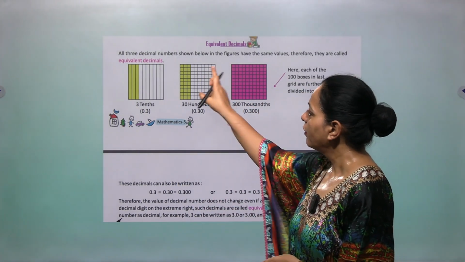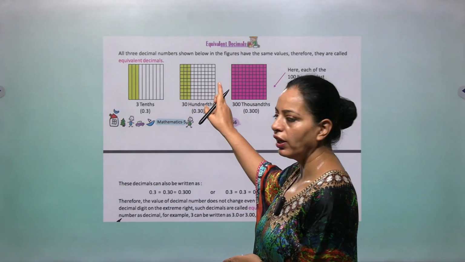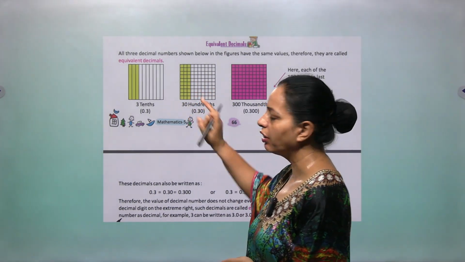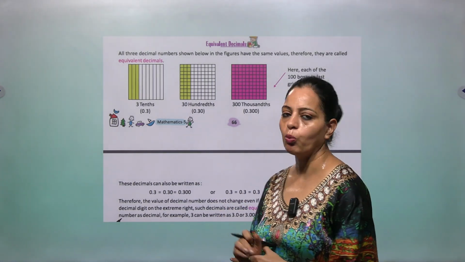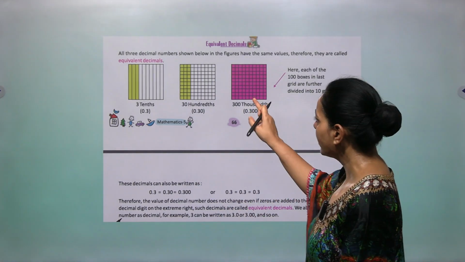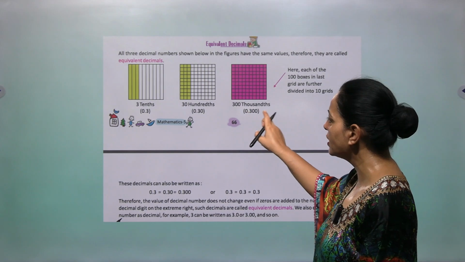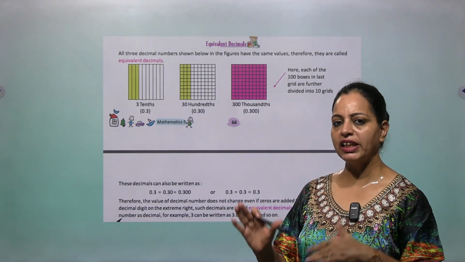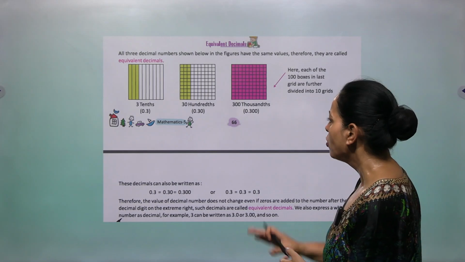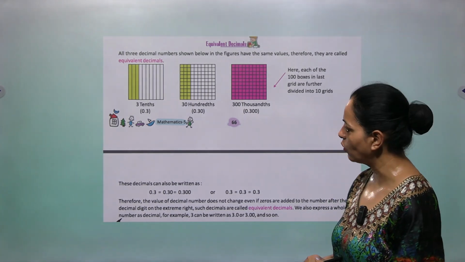Second figure में total 100 blocks, out of 100 30 are shaded, so 30/100, it becomes 0.30. इसमें 300/1000, means 1000 में से 300 parts are shaded, so it becomes 0.300.